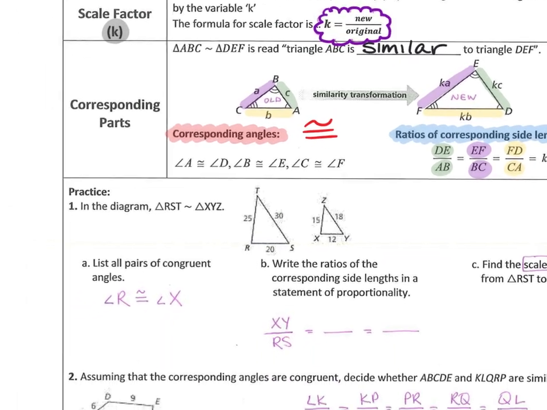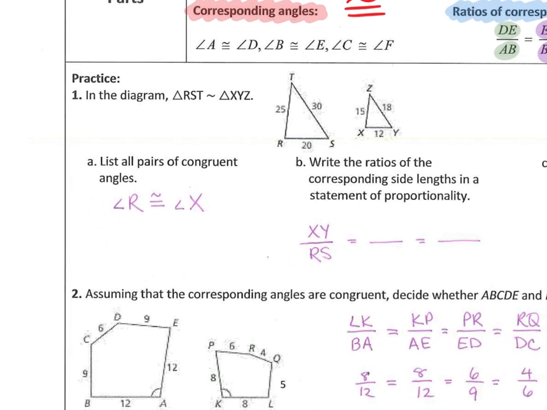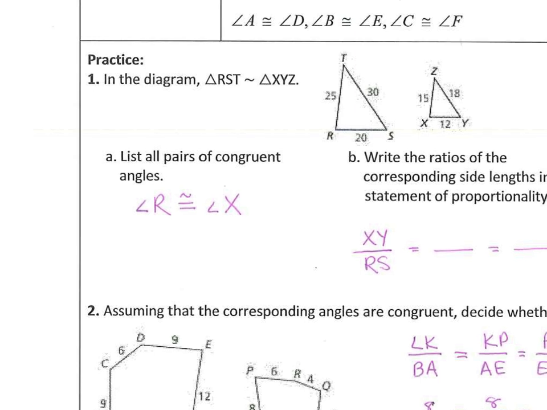Now that we've got all of the info up there, I've started most of these, but I need your help finishing. It says in the diagram, triangle RST is similar to triangle XYZ. Let's color code first so that we make sure we are thinking correctly. If I go from R to S, in my letters, those were the first two letters of this triangle.